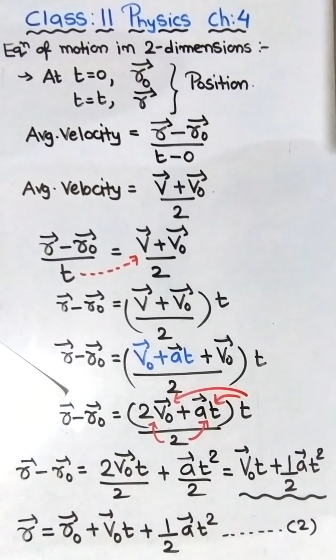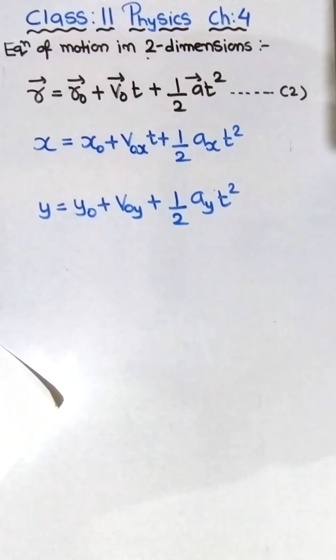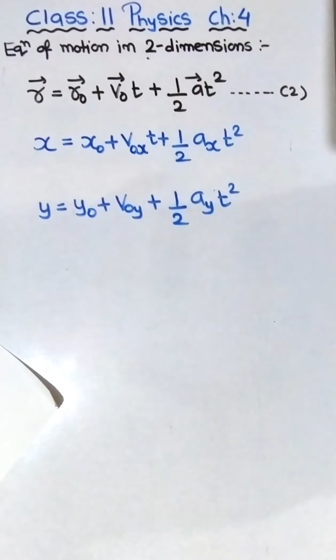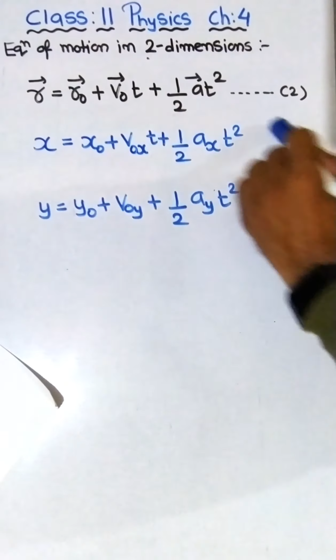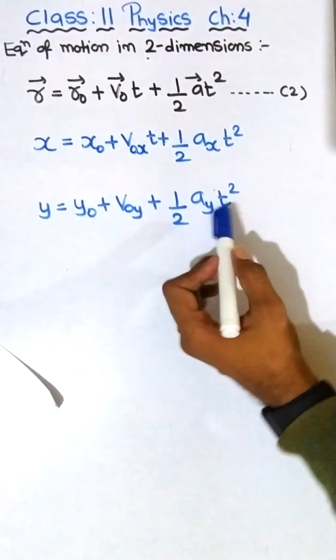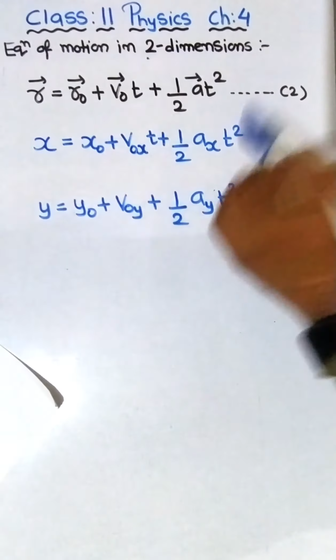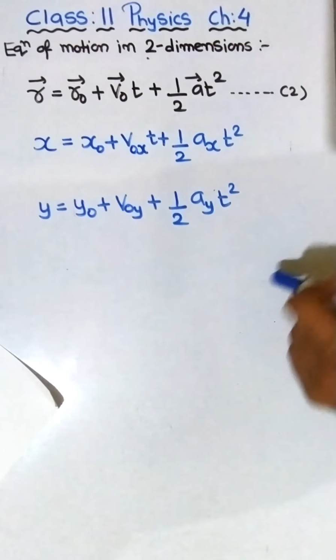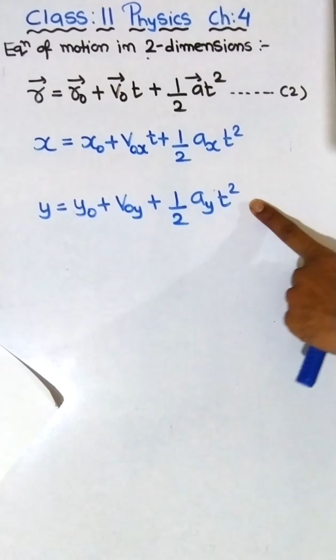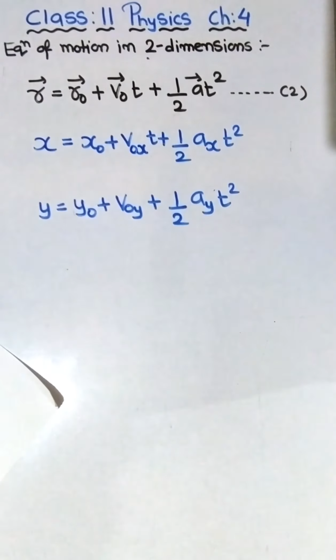So this is how it looks: x, x0, v0x, ax will be along the x-axis, so this will be the x component, and y, y0, v0y and ay will be along the y-axis. So this second equation of motion can be written in two different ways, in terms of x component and in terms of y component. Note that all the necessary values might be given if you are solving any numerical.